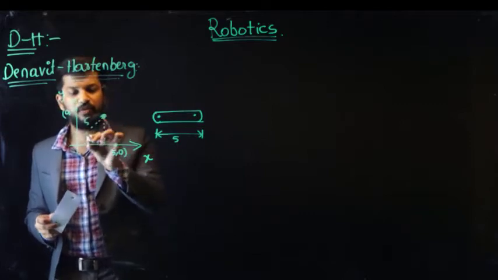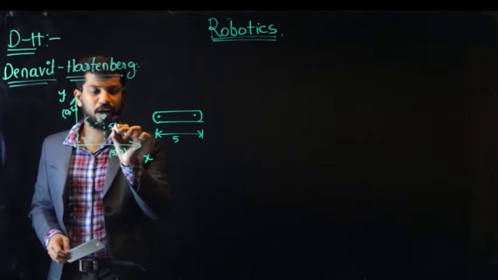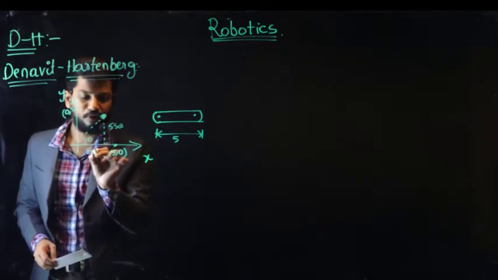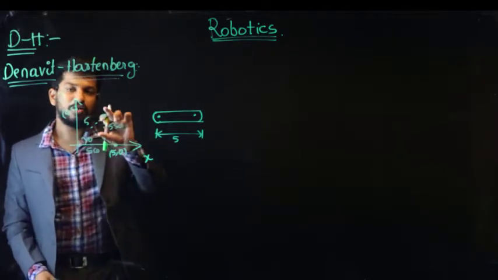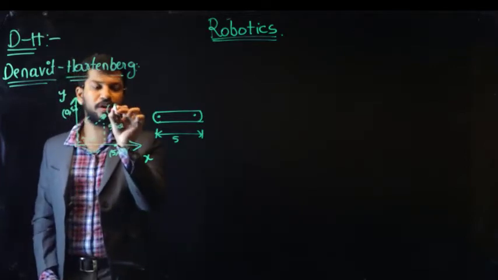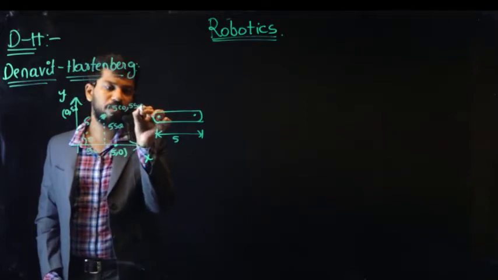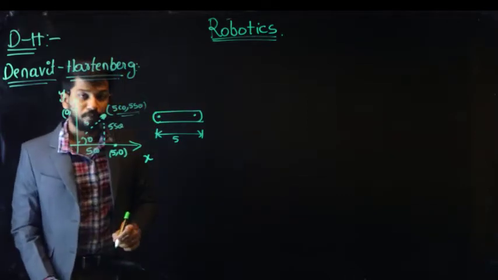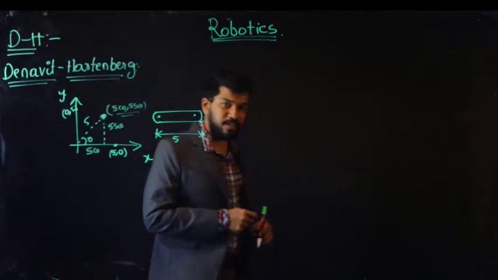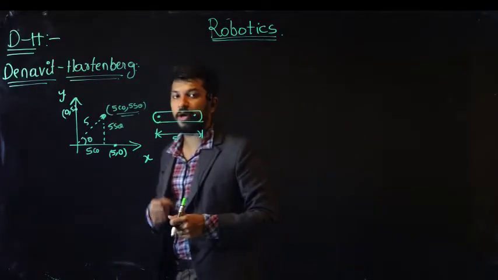Suppose this is 5 and I calculate theta, which gives me 5 sin theta and 5 cos theta. So these will be my components, so that finally I can get the coordinates in terms of 5 cos theta and 5 sin theta. This is the normal conventional way of calculating the position of the required point.